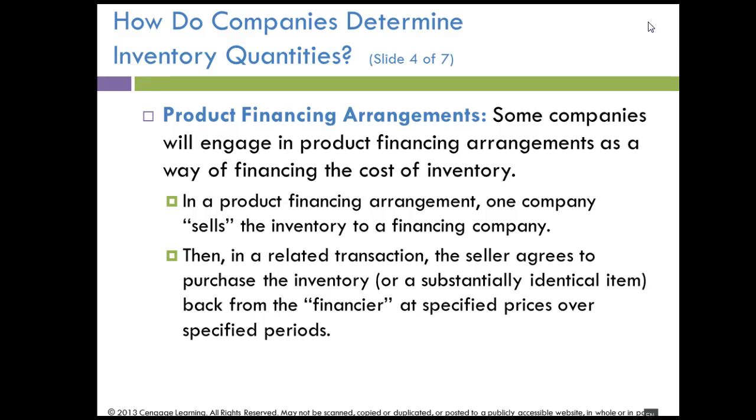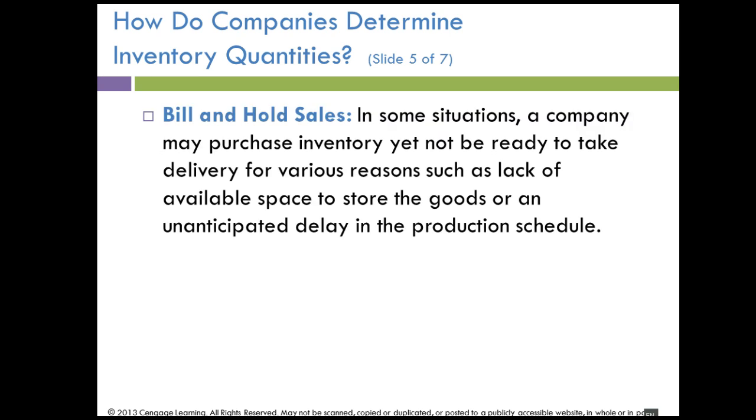In this way, one company might sell the inventory to a financing company, and then the seller agrees to purchase the inventory or some type of specific similar items back from the financier at specified prices over specified periods. So that can happen. It's a manner in which they're financing their assets.